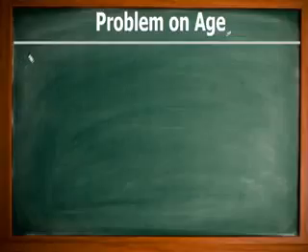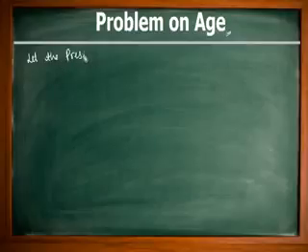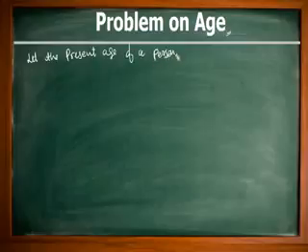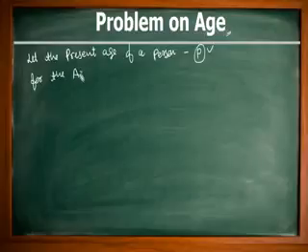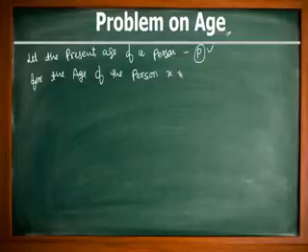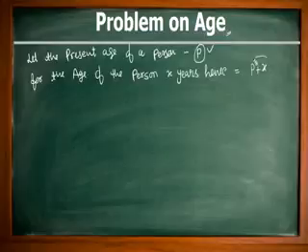Let the present age of a person be P. The age of the person X years hence would be P plus X. Basically you have to write these few terms, what is the actual meaning of hence.